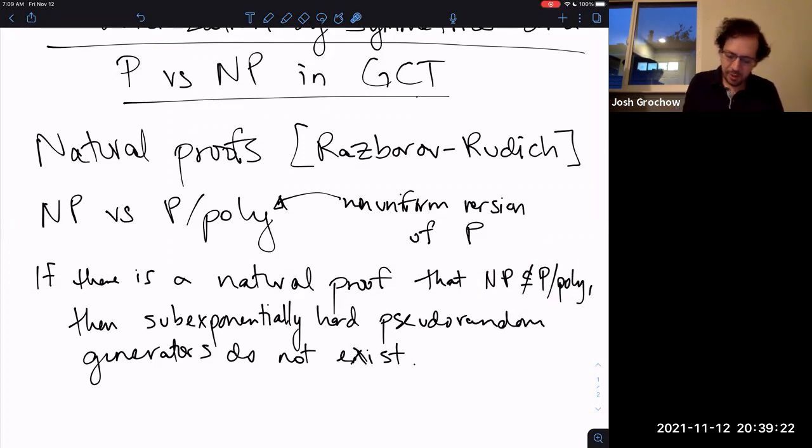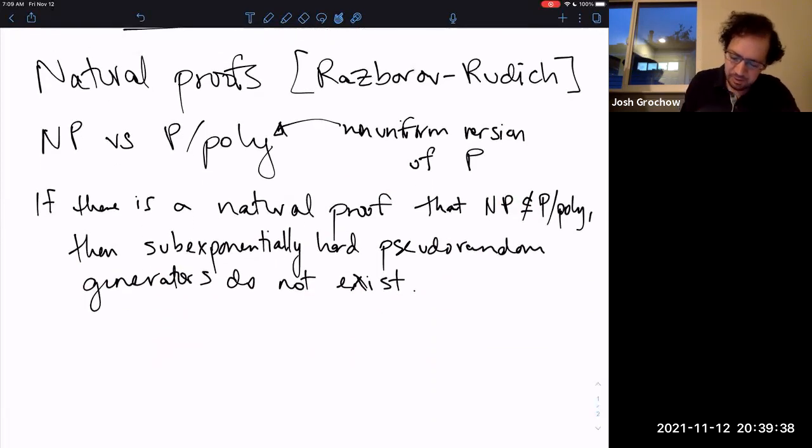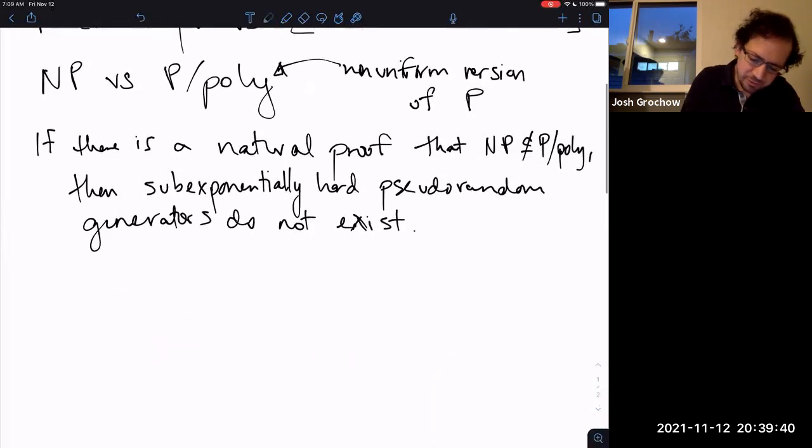So this violates a pretty natural and widely held assumption, and this was taken as evidence that there do not exist natural proofs that NP is different from P poly.